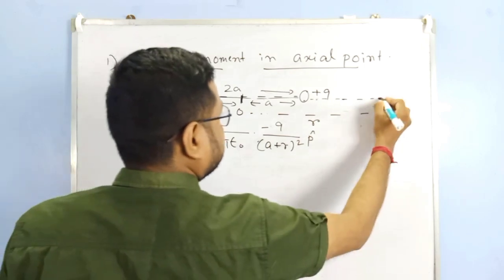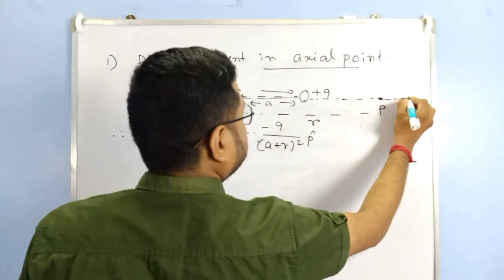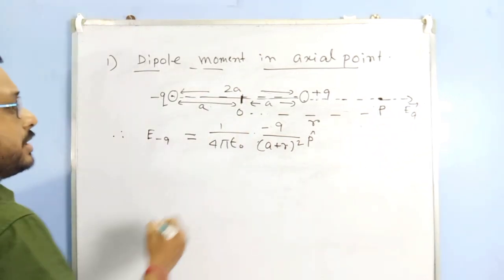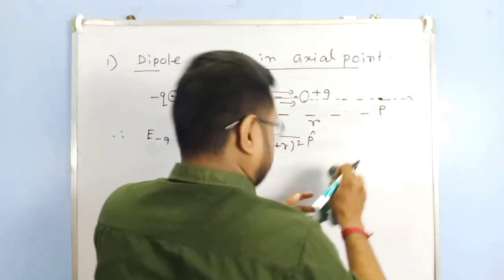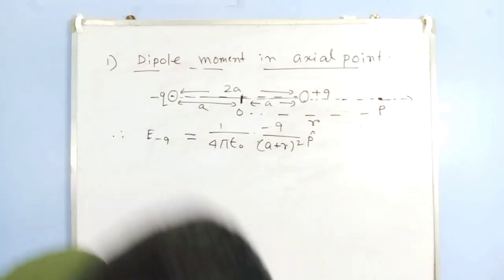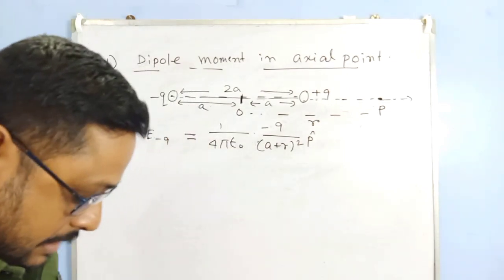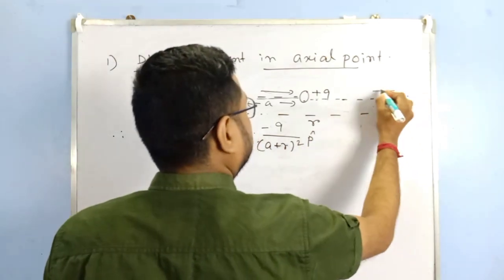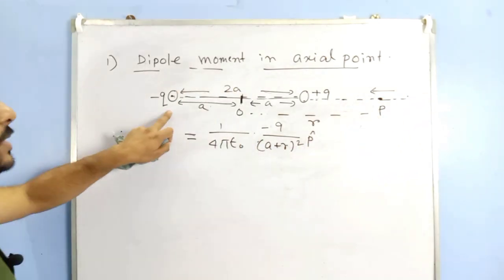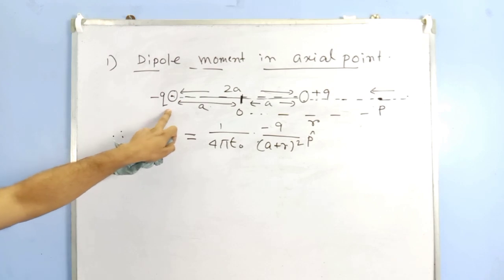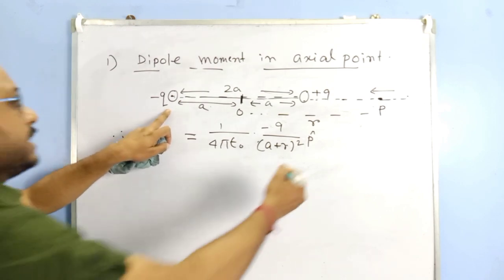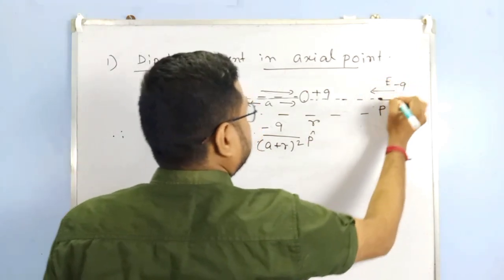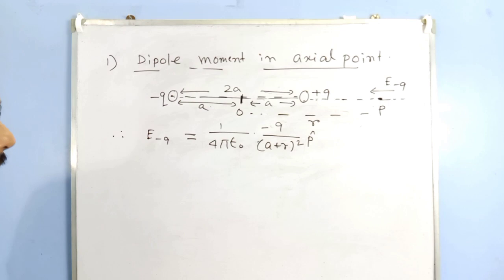The direction of the field is along the left side, because the direction of the electric field due to a negative charge is always towards the negative charge. So the direction of E minus q is towards the left.